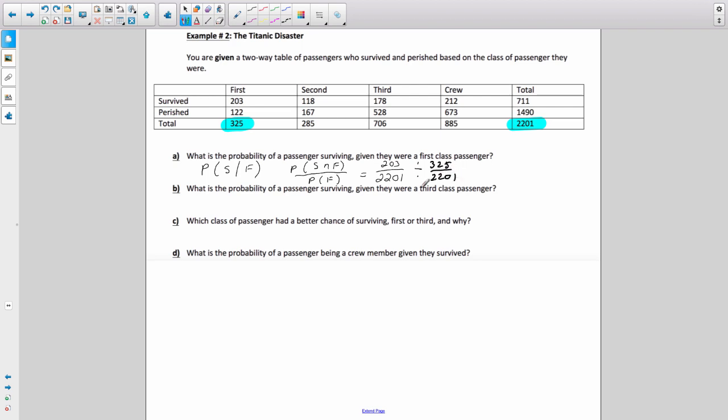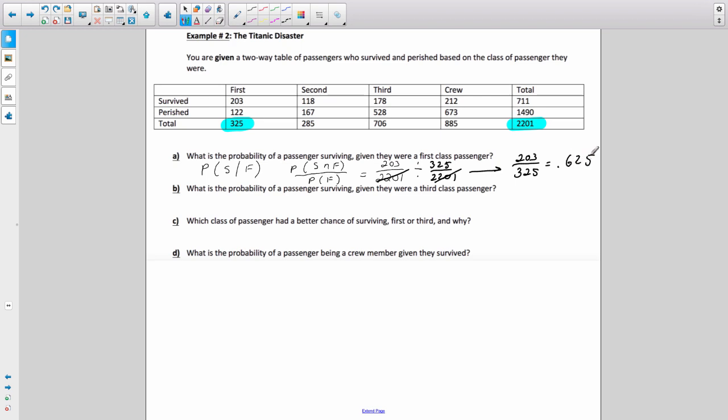Using the reciprocal, you'll notice that the 2201s will cancel, and your end result will be 203 divided by 325. That gives us a probability of 0.625, or about 62%.